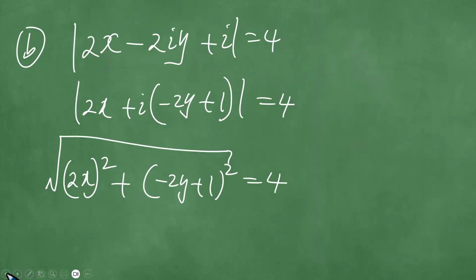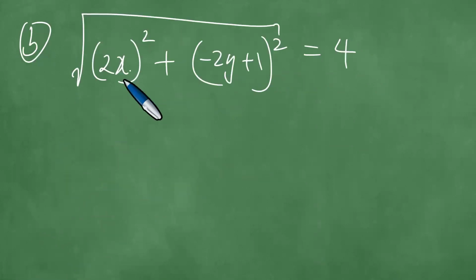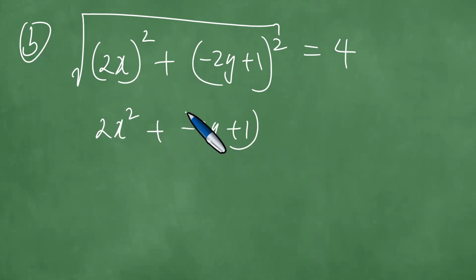And then if we square both sides of this, you get 2x squared minus 2y plus 1.